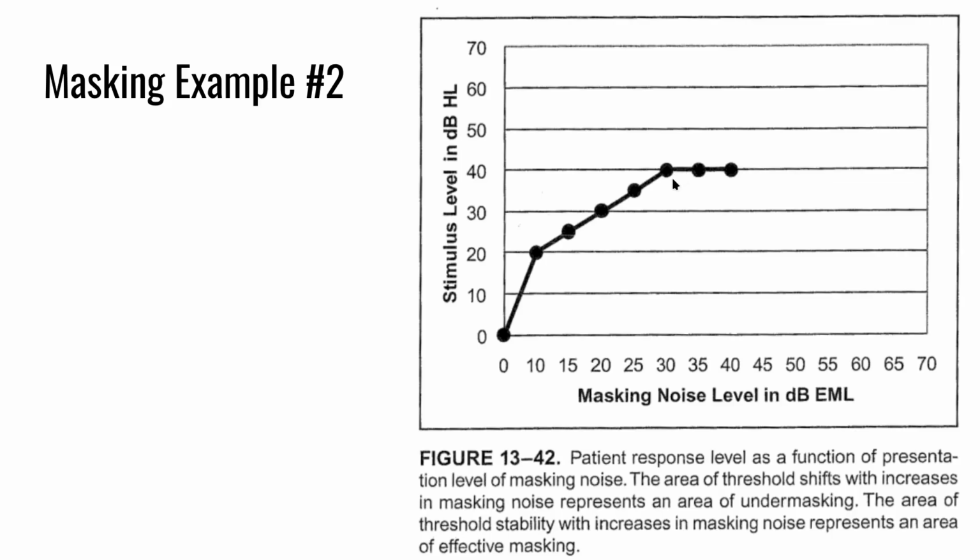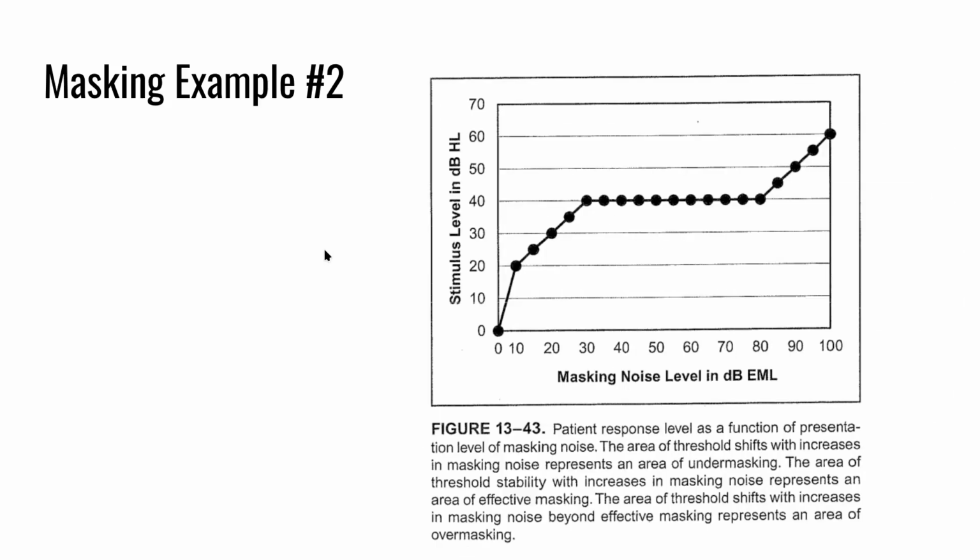Is this the start of a plateau? Sure looks like it. We continue to raise the tone and raise the masker using our masking rules until we have passed our plateau. Now we have an increase in threshold for each corresponding increase in the masker. Why has our masked threshold shifted for higher masker levels?